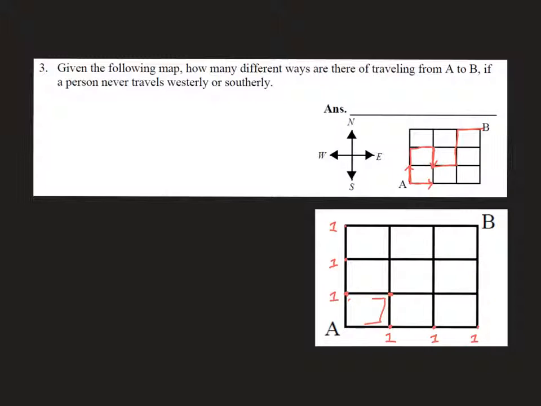That makes sense because the number of ways to get to this point is 1, and the number of ways to get to this point is 1. If you add those, you get 2, because to get to this point, you have to pass through either of these.